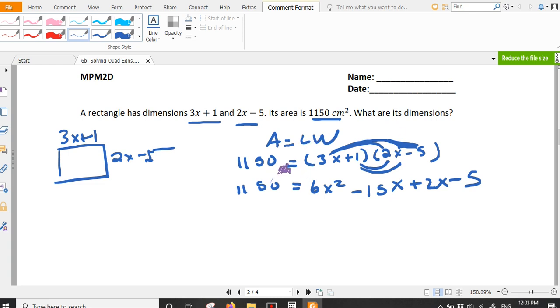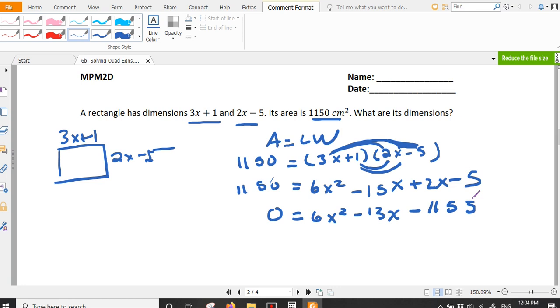Okay? And I'm going to collect a bunch of like terms. I'm going to move the 1150 over to give me 0 equals 6x squared. Negative 15x plus 2x is negative 13x. Negative 5 minus 1150 will give me negative 1155. Okay? Those are some really big numbers.